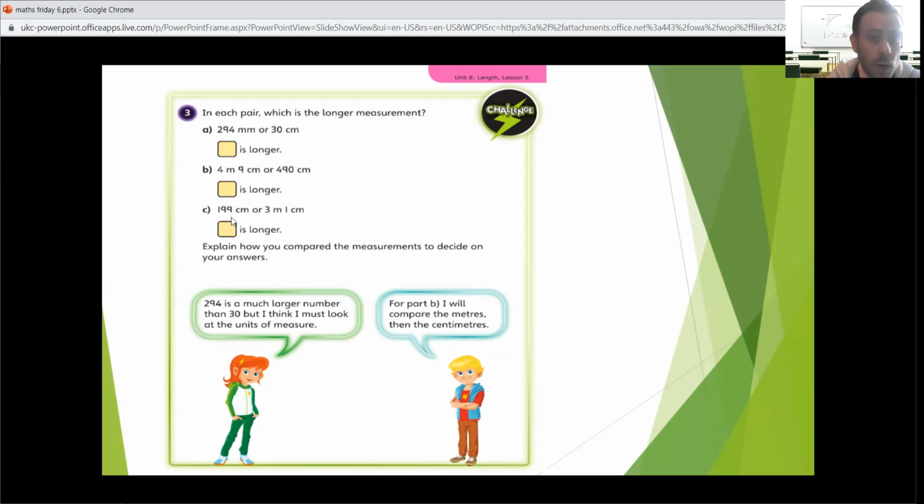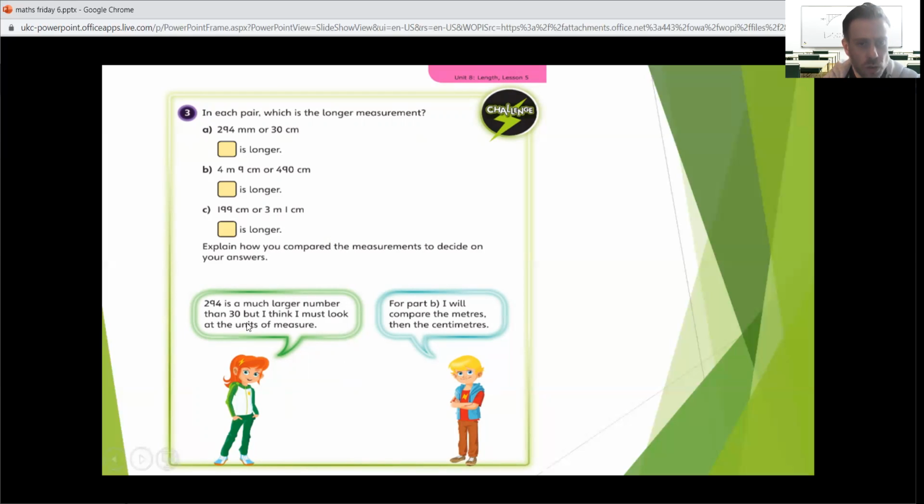And then for C, we've got 199 centimeters or 3 meters and 1 centimeter. If I change this one to centimeters, that will be 301. And that is obviously longer than 199. So 3 meters and 1 is the longer one there.